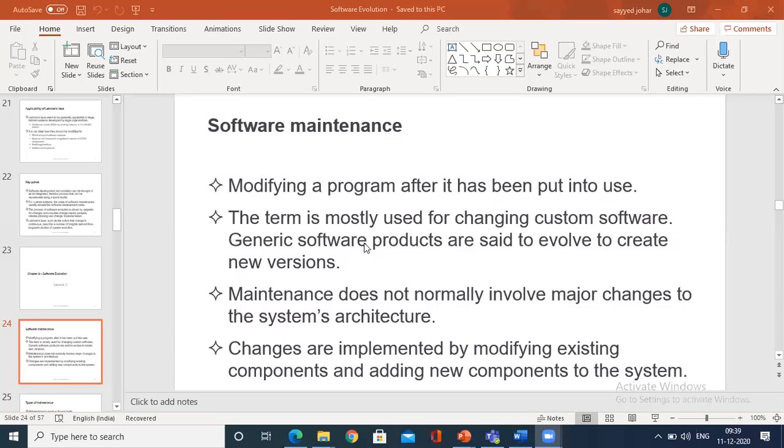Before I start, what is maintenance? It is the immediate topic after Lehman's laws. Lehman's laws come under program evolution dynamics. You have to explain what the first law says, what the second law states, what the third law states.